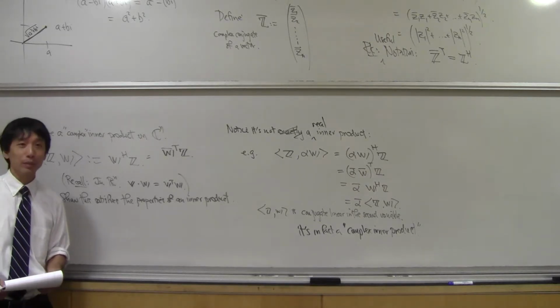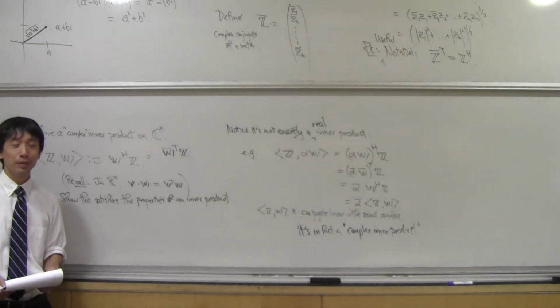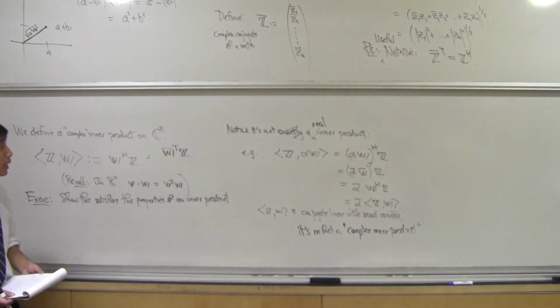Okay. Abel, what is it? No, there's a third property for inner products. When you take the inner product of a vector with itself, it has to be greater than or equal to 0. Would that apply? It's still going to work.